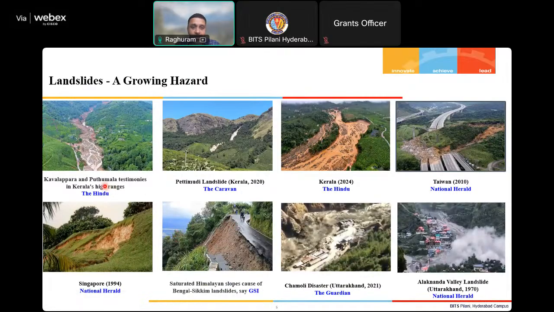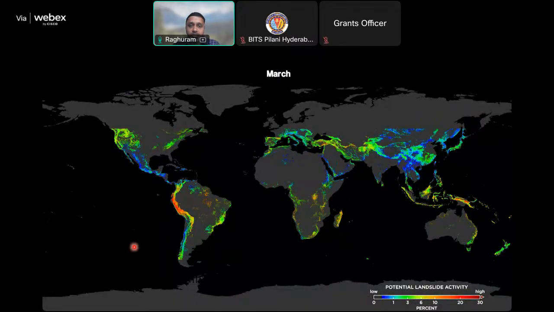Few slope failures or landslides: Kerala, the Wayanad landslide in 2024, Taiwan in 2010, and the Uttarakhand landslide. This is one of the devastating landslides in 1970, and again the recent Uttarakhand in 2021, and the Singapore slope failure in 94. If you look at the global scenario, this is how the landslide potential activity changes with respect to time.